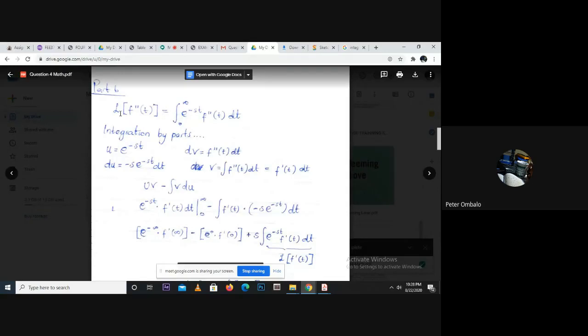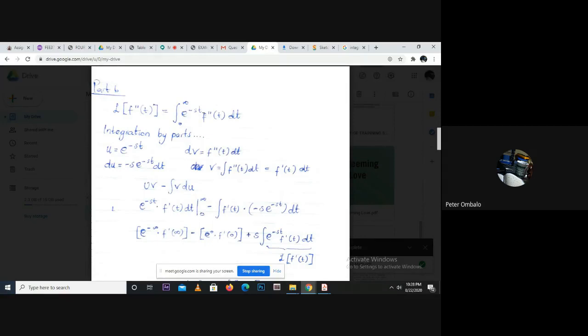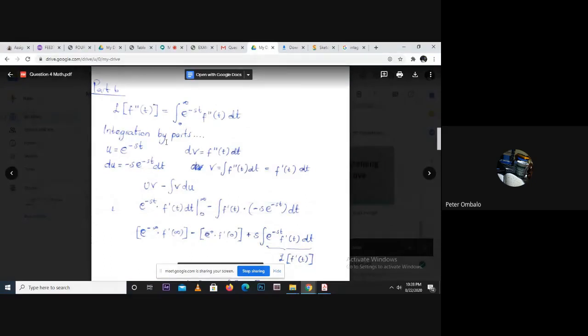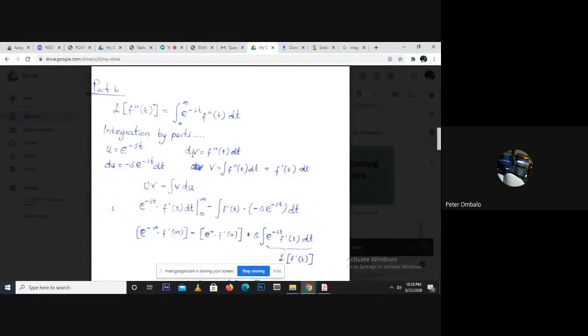So L, the Laplace transform of this function here, is going to be e to the negative st multiplied by that function. Using integration by parts again, we substitute u for e to the negative st, and then we find du. We substitute for dv as well. We find v, and then we plug in everything in this integration by parts formula.